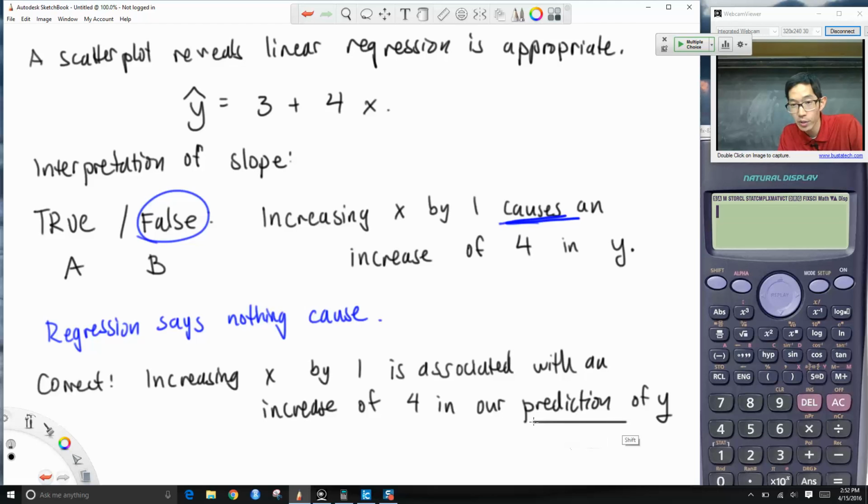Okay, so the key here is that we are talking about the prediction here. So our regression line is always about the prediction of y and not y itself. Okay, so regression says nothing about cause, and then the line is always about y hat and not y itself.